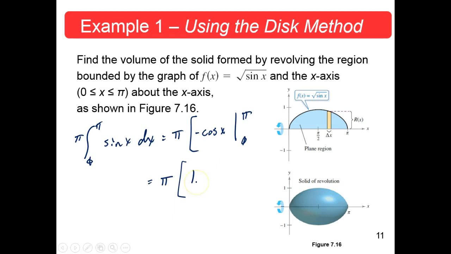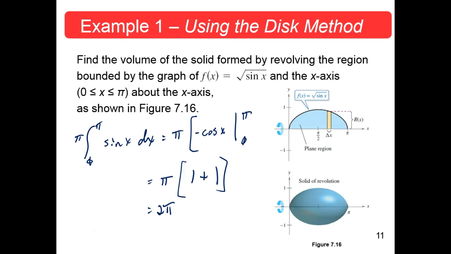Yeah, right. Cosine of pi would be negative 1. And then minus, the minus, that makes a plus. The cosine of 0 is 1. So what do you have? 2 pi. That makes me hungry just thinking about it. Okay. The volume of that would be 2 pi.